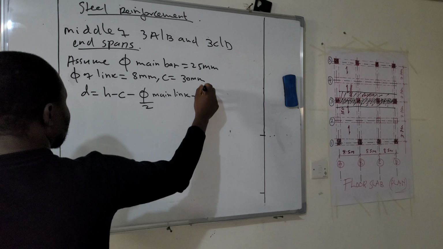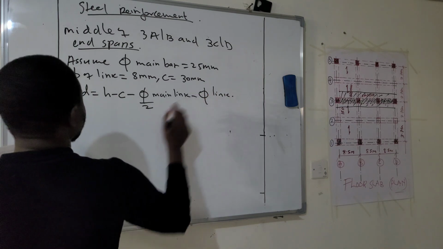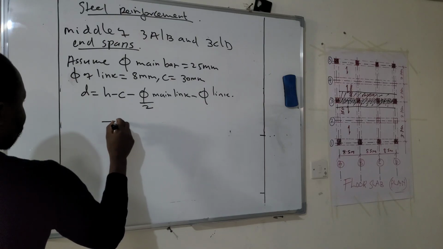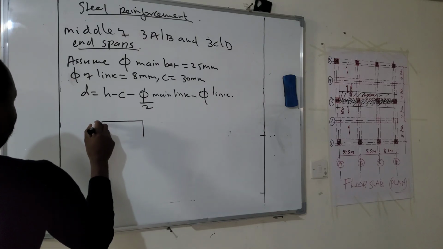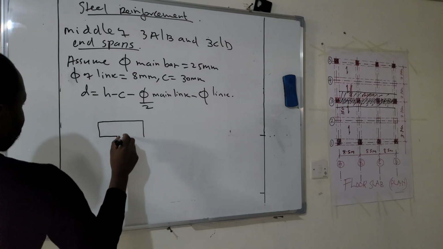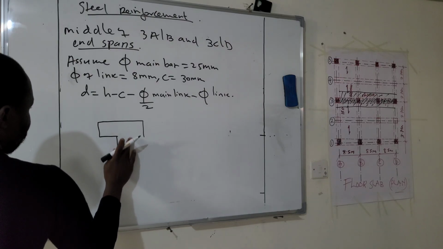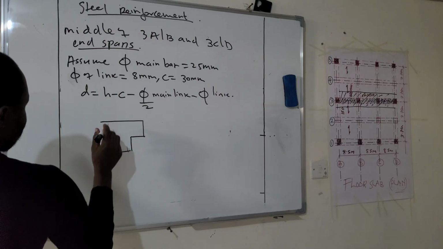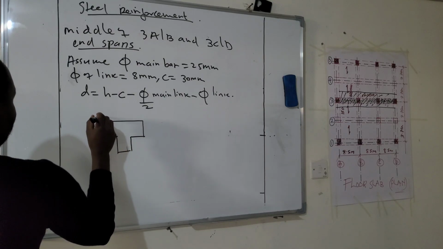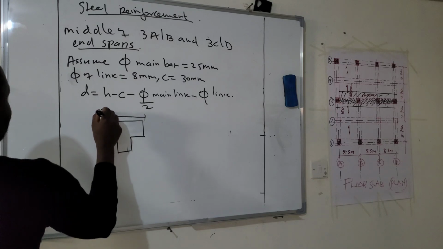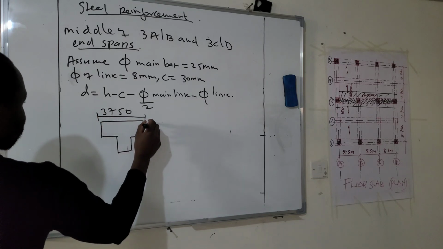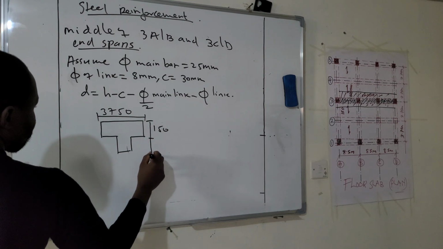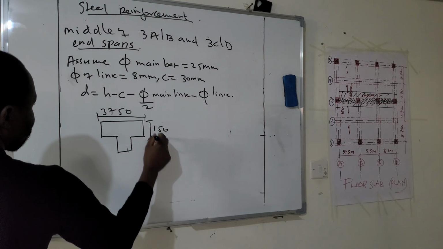minus diameter of the link. So if I can draw this T-beam, so this is 3750, here is 150, and here is 400.